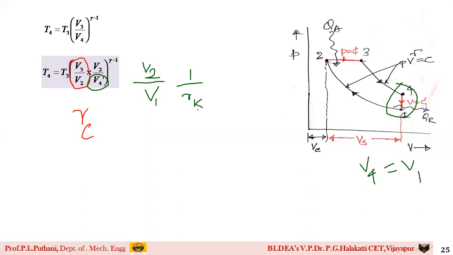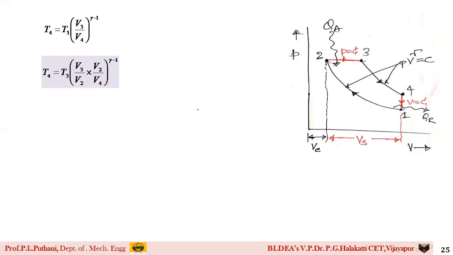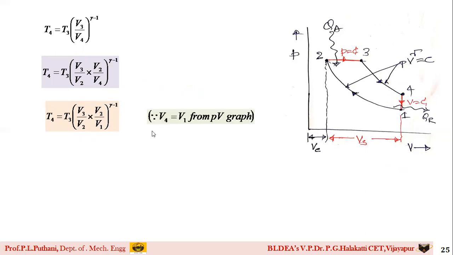So to get the T4 equation in terms of the cutoff ratio and the compression ratio, I am multiplying and dividing by V2. Now please observe here, I have replaced V4 by V1 as process 4 to 1 is a constant volume process.